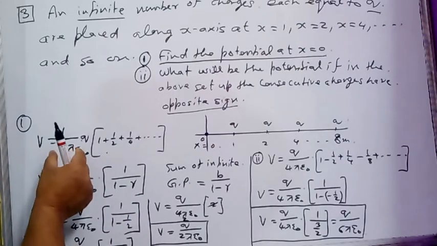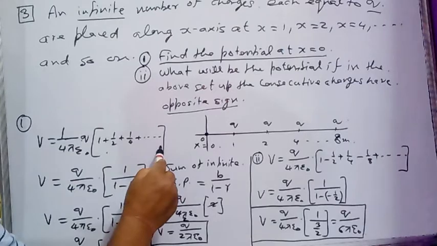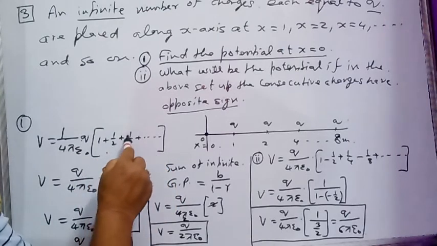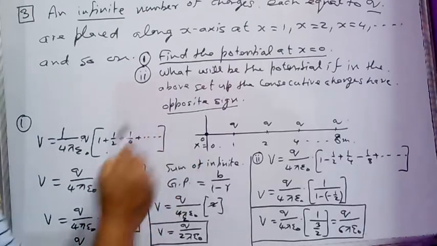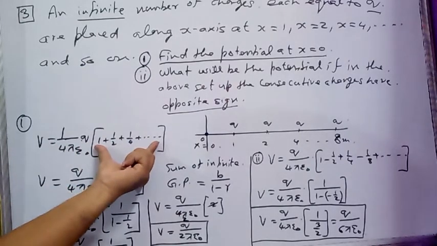If we take common 1 by 4 pi epsilon naught into q, what is remaining? 1 plus 1 by 2 plus 1 by 4 plus 1 by 8 and so on. So this part of the question is going to be an infinite GP.